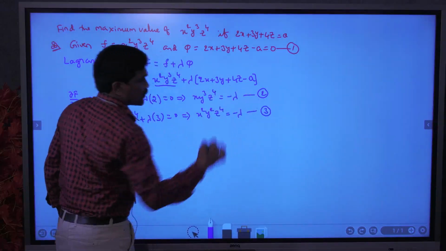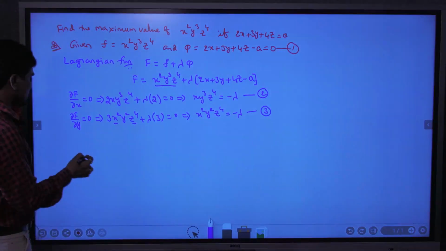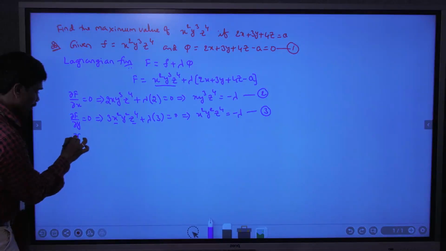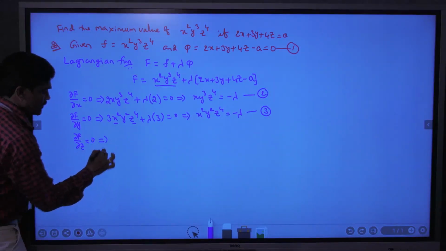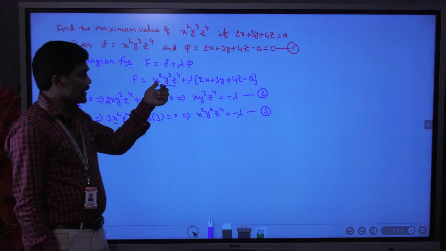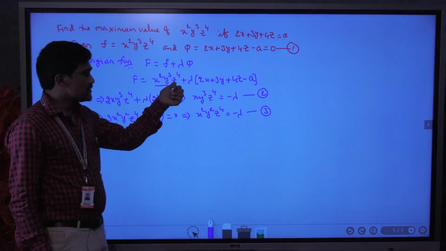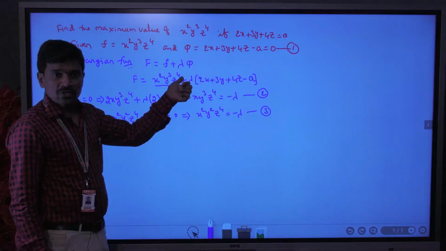This is equation 3. Next, with respect to z, dou F by dou z is equal to 0. Now x square y cube is constant, and the derivative of z power 4 is 4z cube.